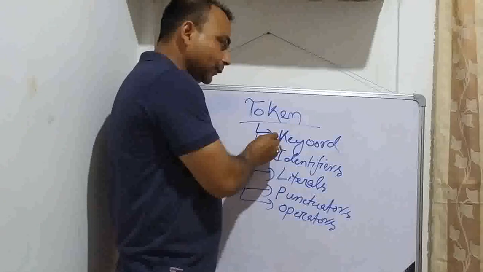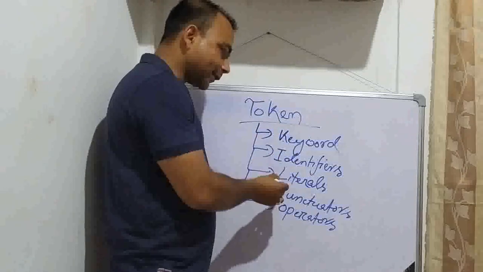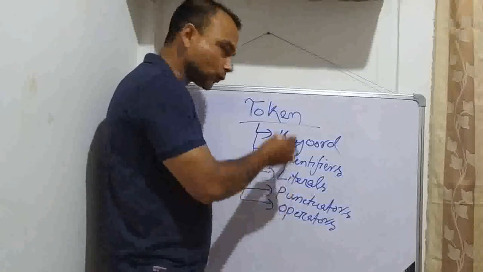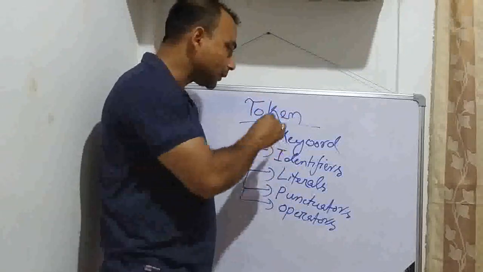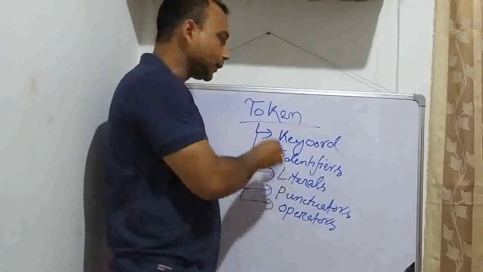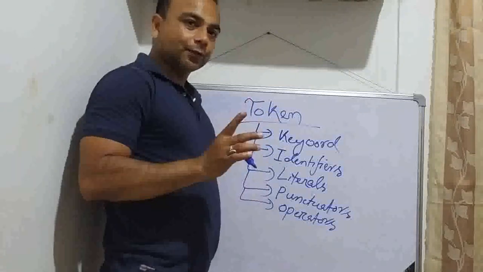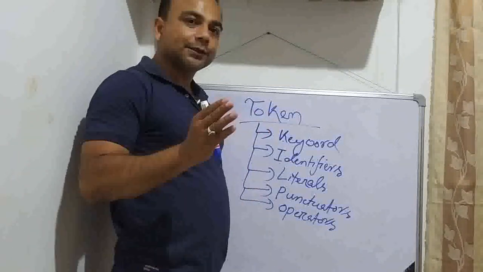The first component of the unit is keyword, then identifiers, then literals, then punctuator, then operators. All these are the components of a high level language, and every component or unit is known as a token.